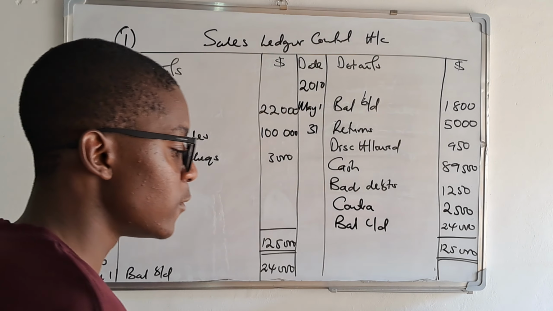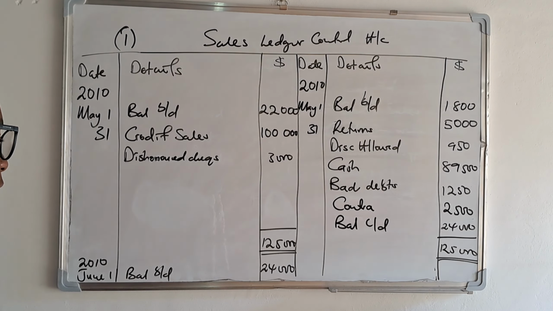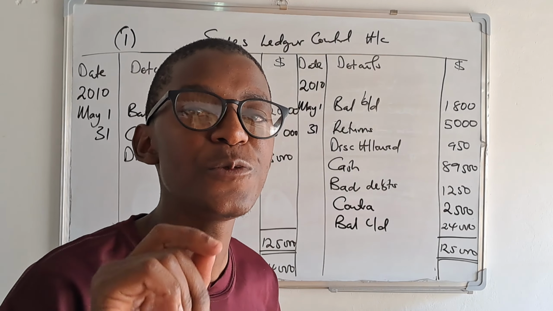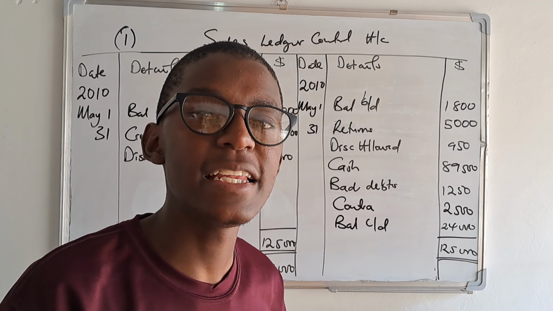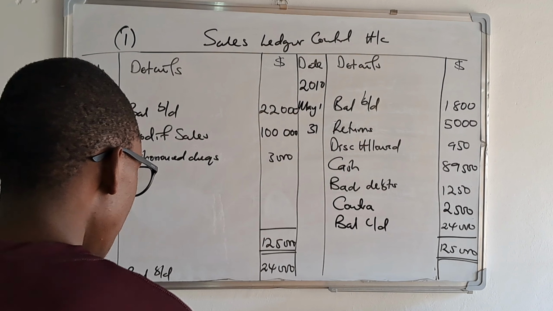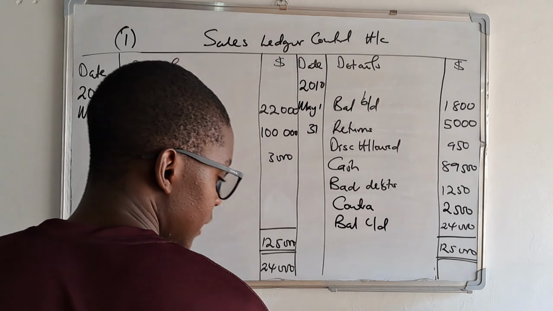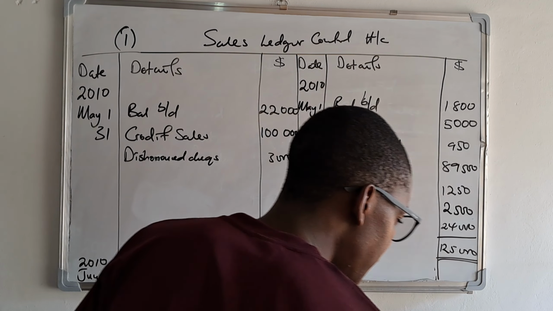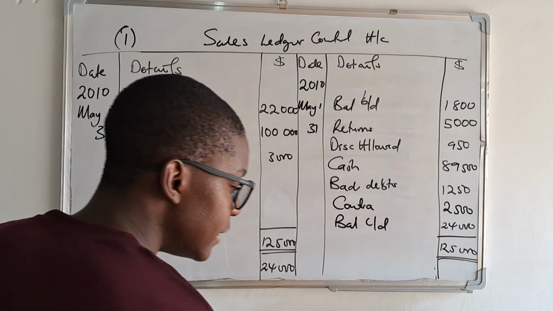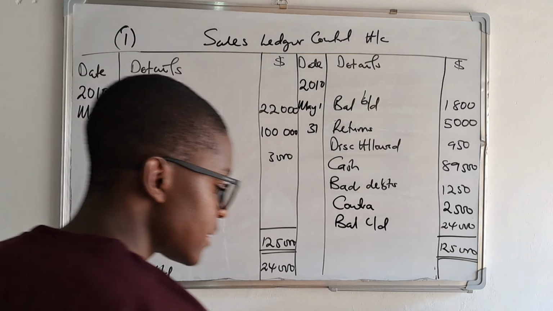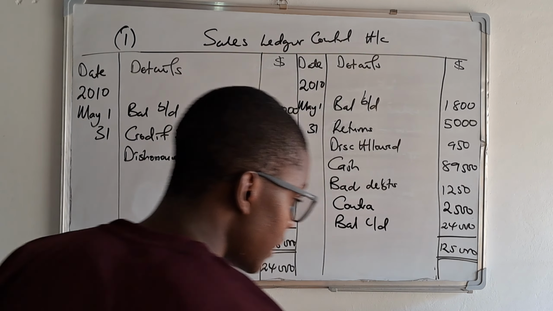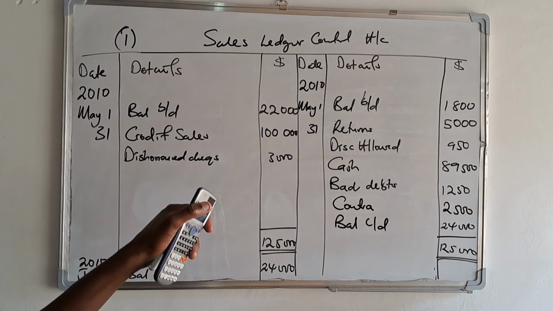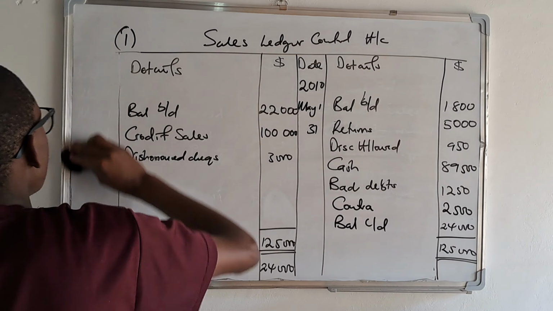But before I go any further, I want to explain a certain scenario which you might encounter in an examination. Suppose they ask you the reasons. I hope you noted down everything here.